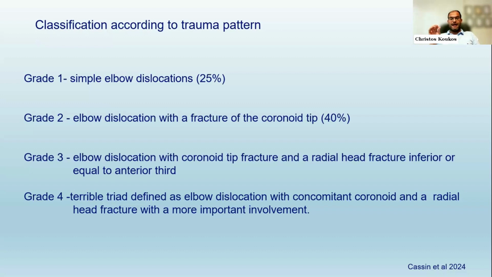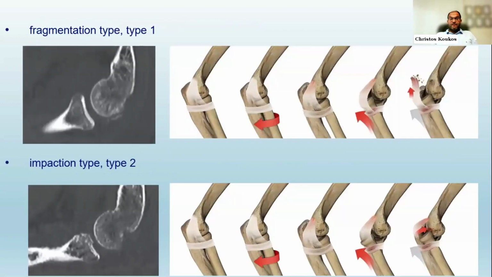And grade 3 was an elbow dislocation with coronoid tip fracture and, at the same time, a radial head fracture of less than 1/3 of the radial head when you see it in a lateral view. And grade 4 was a terrible triad with a partial involvement of the radial head, but more than 1/3.